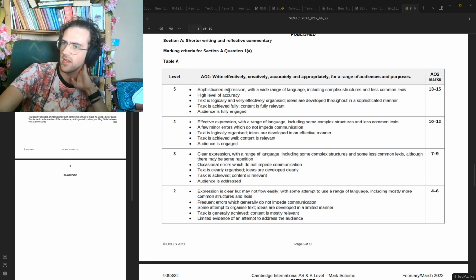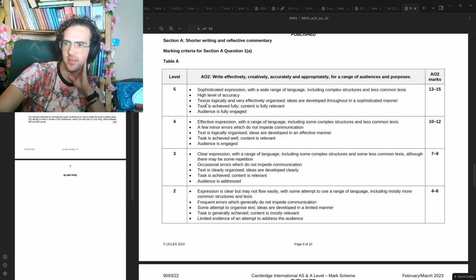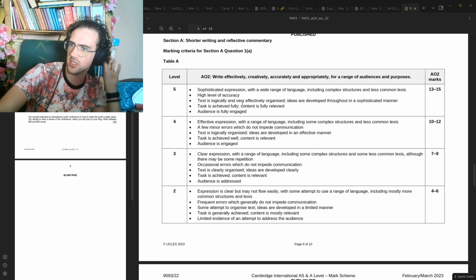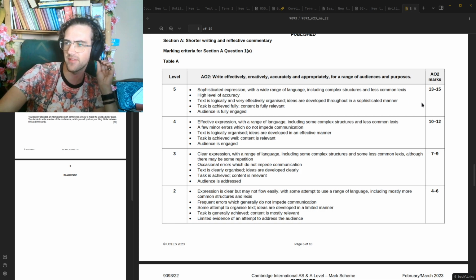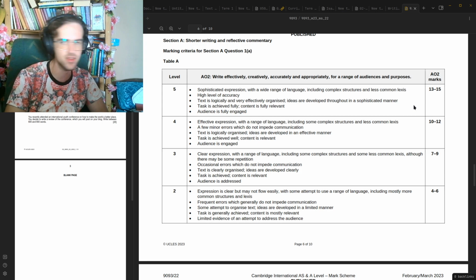Okay. So we want to write accurately, and then we need to make sure that the text is logically and effectively organized, and the ideas are developed throughout in a sophisticated manner. So we need to be intentional about how we structure our sentences, paragraphs, the whole piece. And we will be exploring how to organize your things better, but you need to be using the PEEL method.